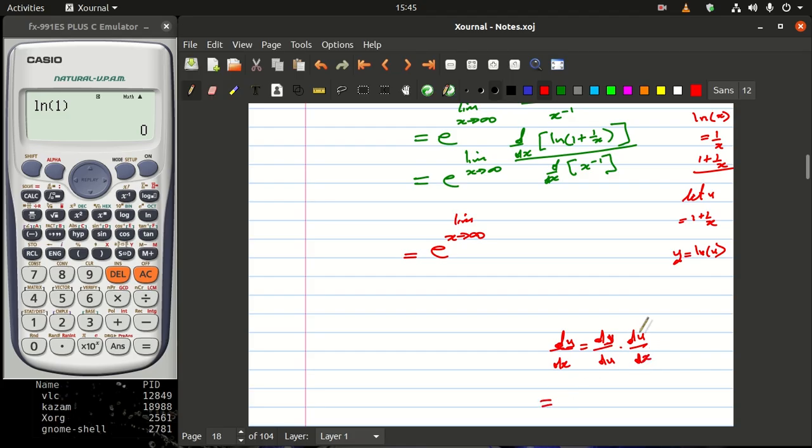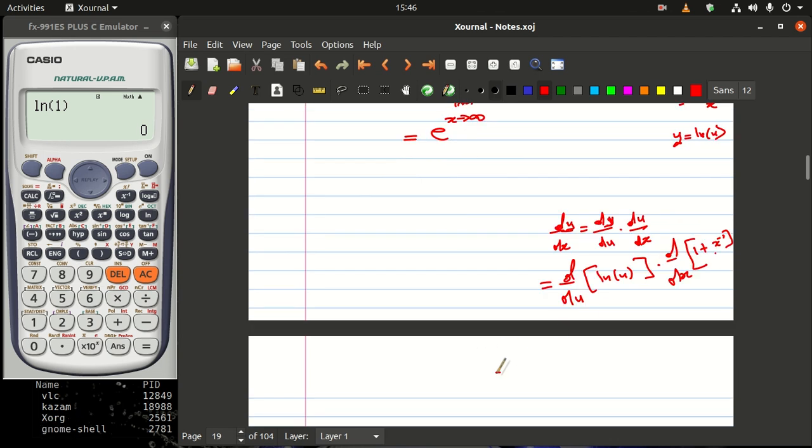If you proceed here, you'll find I'm looking for du of ln of u times dx of u. What is my u? My u is 1 plus 1 over x, or 1 plus x raised to minus 1. So what will that be?